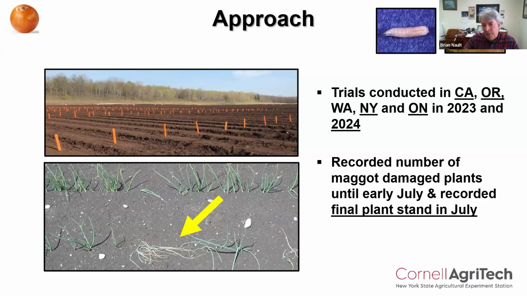In terms of assessing the performance, we recorded the number of maggot damaged plants on a weekly basis or so through time during that first early generation. And then we took a final plant stand in July, which would cover that first generation of onion maggots. We all did that, even though some of us recorded damage even later past this, but I just want to show you something consistent up through the end of that first onion maggot generation.